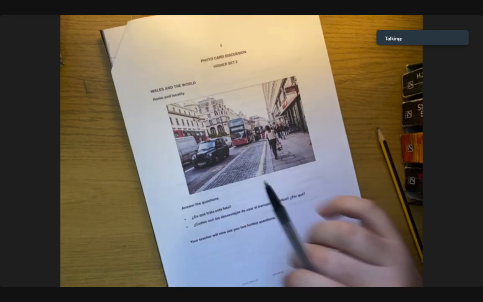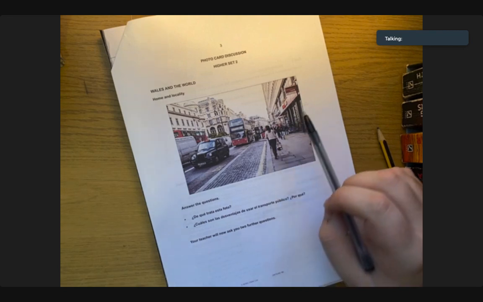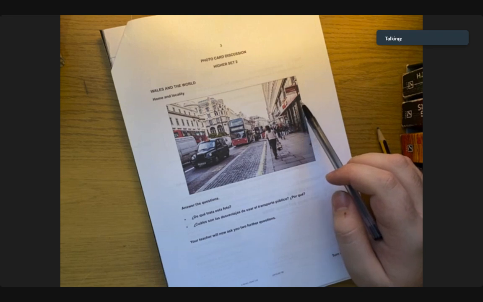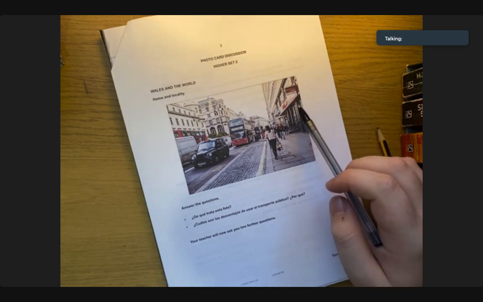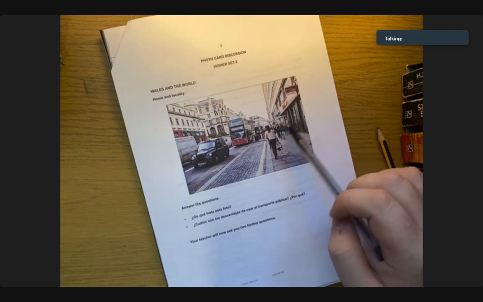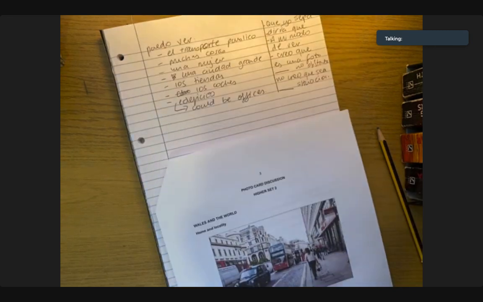I could also say something like, no obstante, en la foto hay los tiendas, so the shops. Y what else have I said?